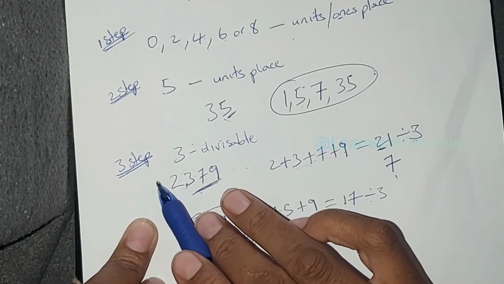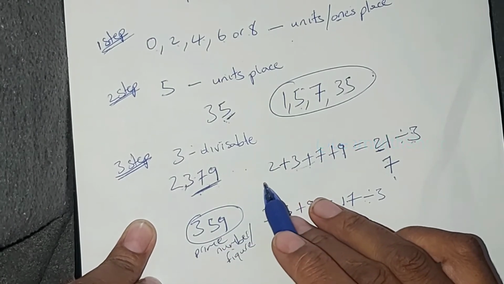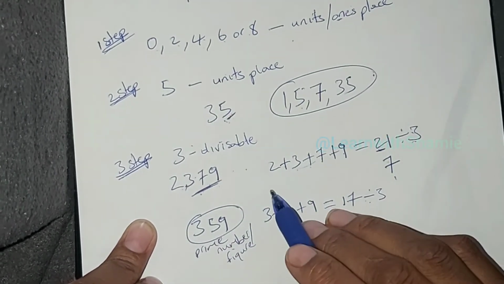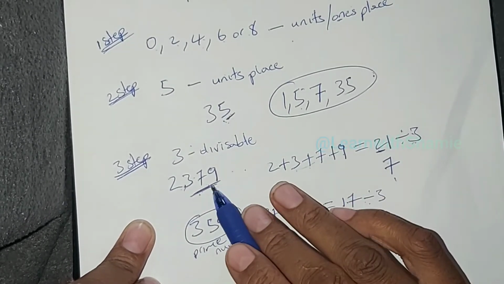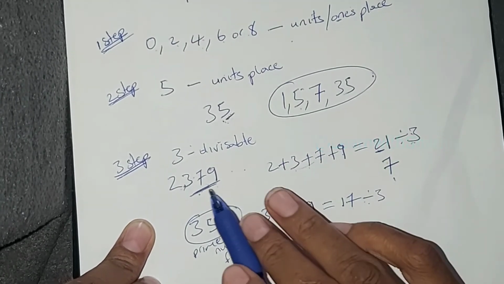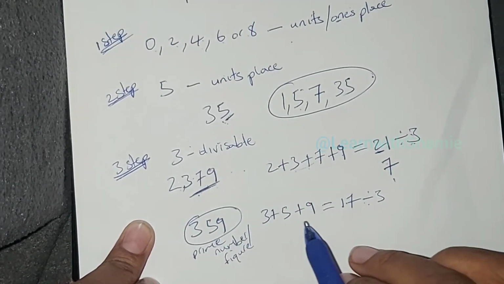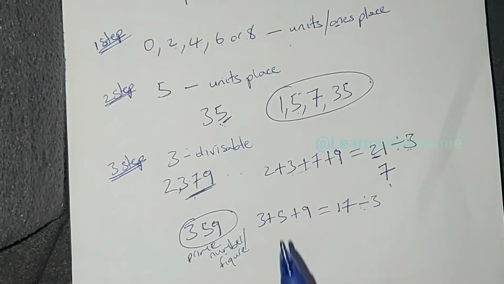The third and final step is if you add all the numbers in a figure and it is divisible by 3, then it's not a prime number. Otherwise, it is a prime number.